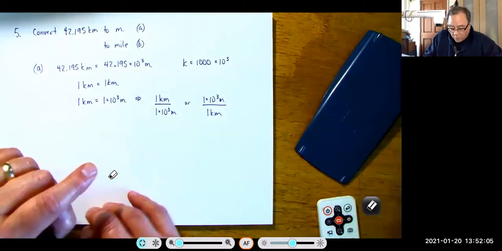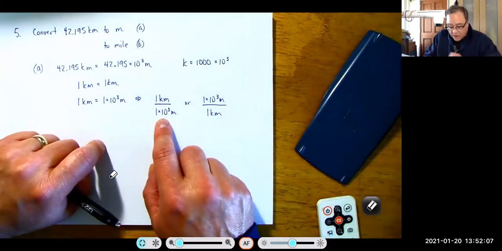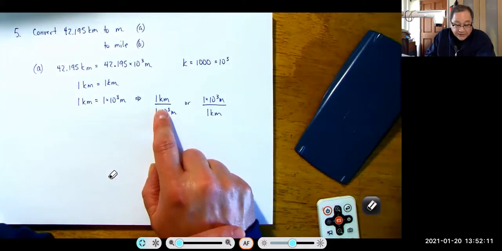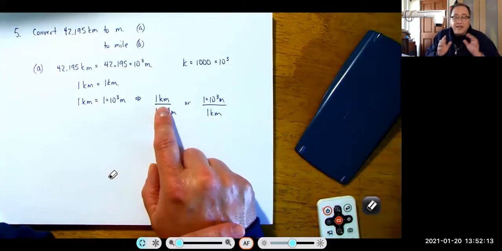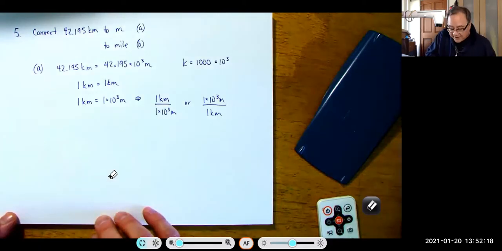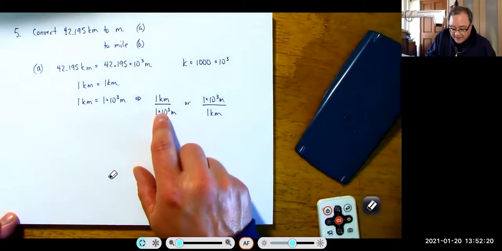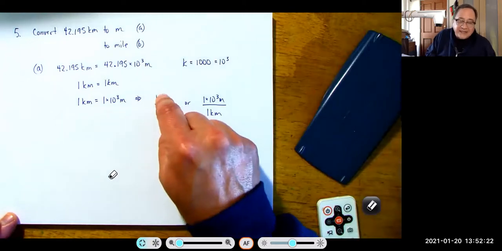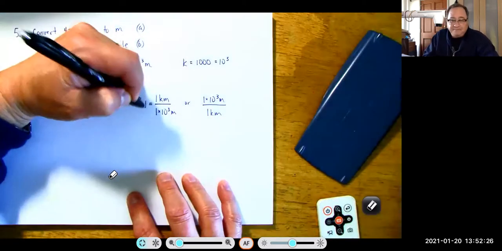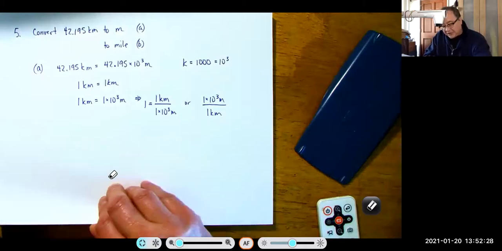Now, what is the size of 1 times 10 to the third meters compared to 1 kilometer? They're exactly the same size. So what is this equal to if I have something on top that is exactly the same size as something on the bottom? 1. It's equal to 1. And this is also equal to 1.